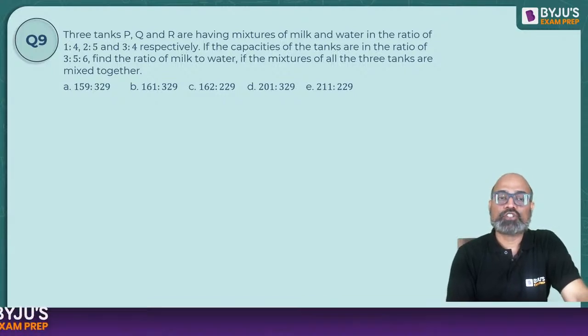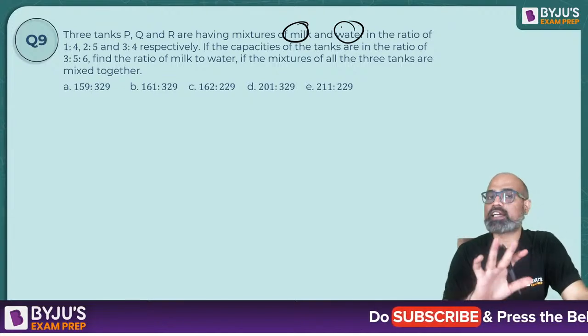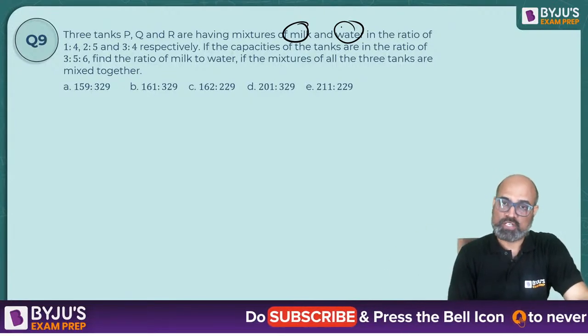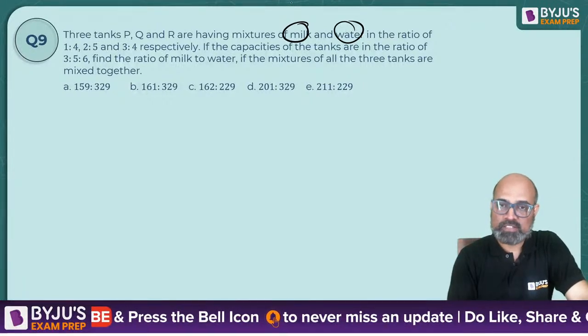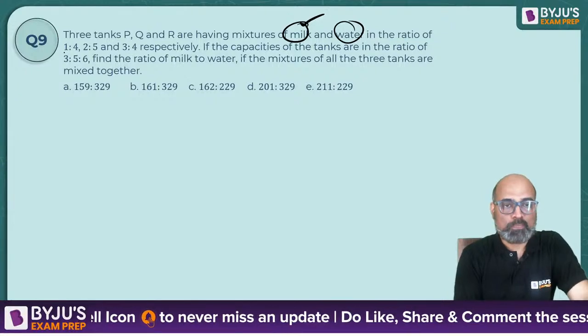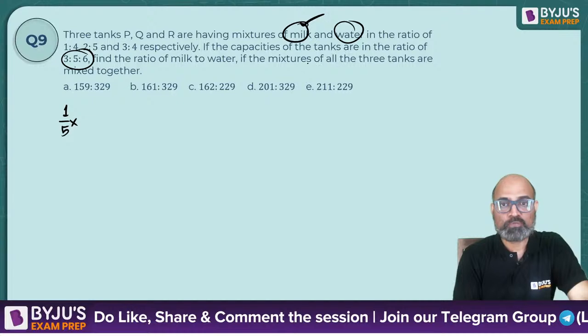Remember that you can only calculate either milk or water. You can't calculate both. Okay? So I'm going to decide that I want to calculate milk. Milk is 1 out of 5 of the volume that is given.